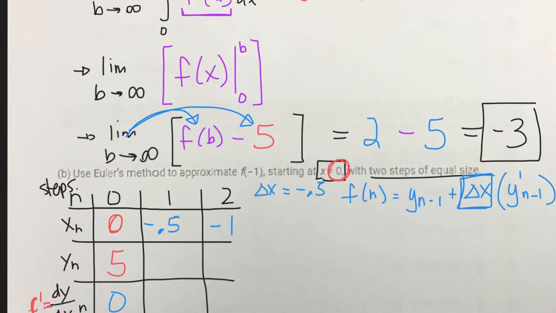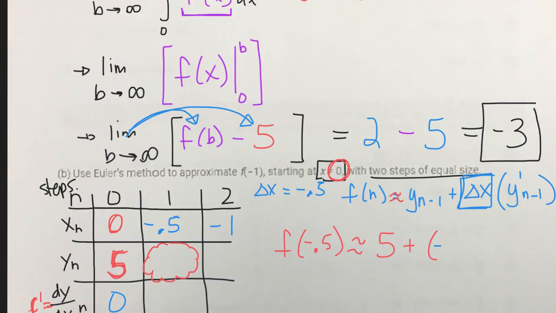So first, let's calculate what is our next y value. Okay, so that's f of negative 1/2. Negative 1/2 comes from right here. That's your x value that we're talking about. f of negative 1/2 is approximately, so not equal to, but approximately, our previous y value, which was 5, that's our starting y value, plus negative 0.5.